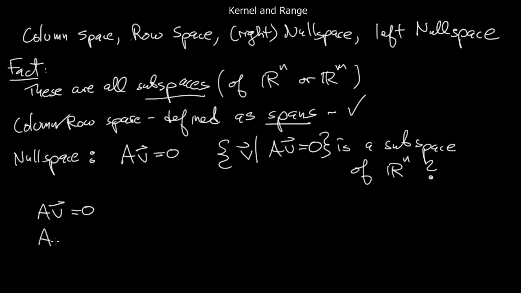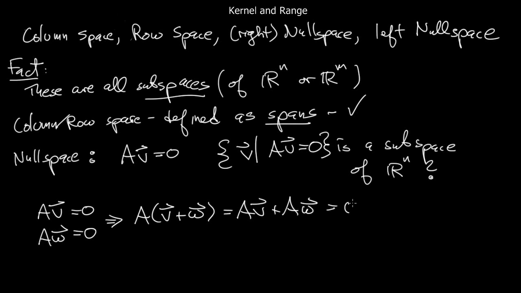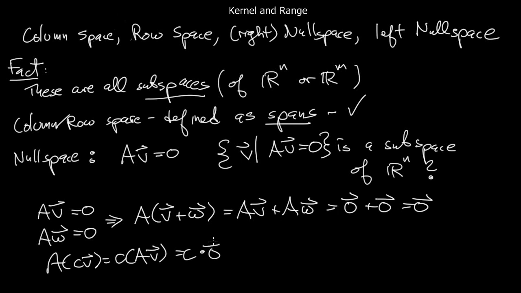If AV is equal to 0 and AW is equal to 0, does that imply that A times V plus W is 0? Well, it's equal to AV plus AW, which is 0 plus 0, and that's equal to 0. So indeed. And similarly, if you multiply V by a scalar, you can pull the scalar out, and you get C times 0, which is still 0. So that checks the properties required of it to be a subspace.